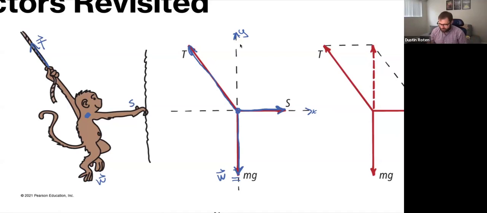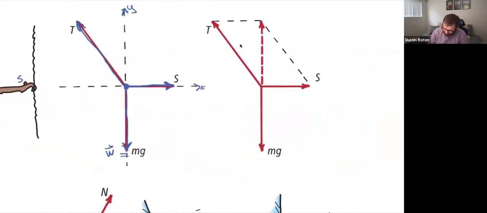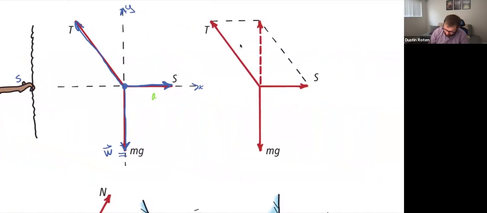Okay, well, the cool thing is this S vector, all of it is in the X direction. We don't have to break it down into its X and Y components. It's all already there. Okay, and then the weight, this is all in the Y direction. We don't have to break it down. It's all already in one of the directions.